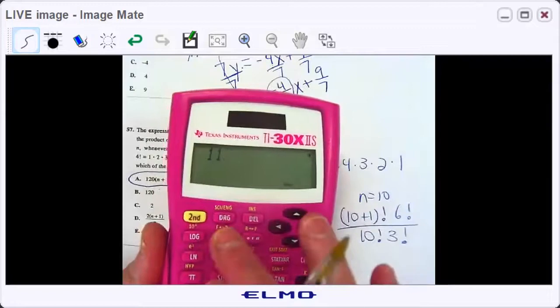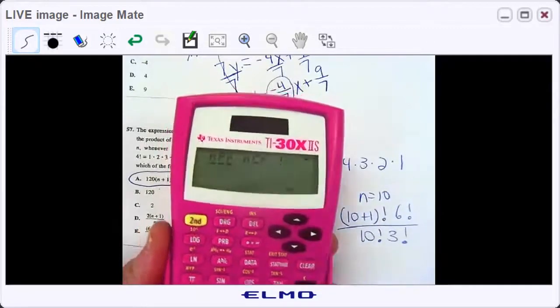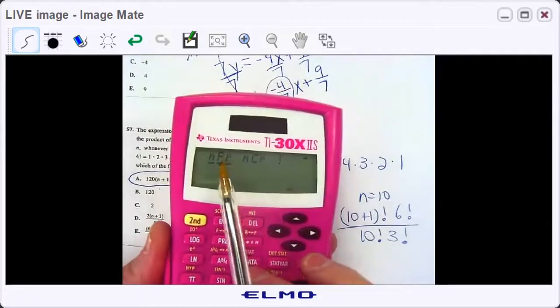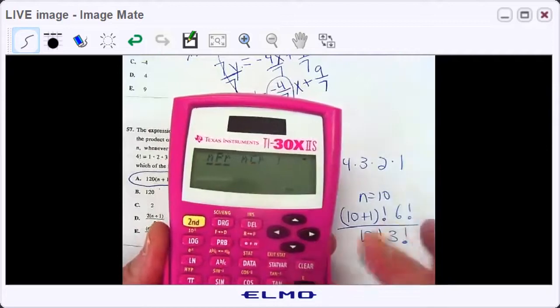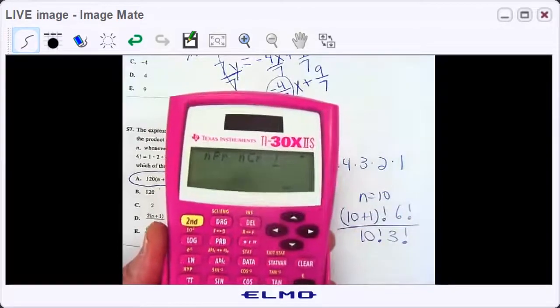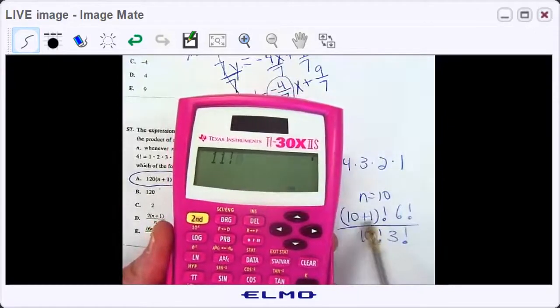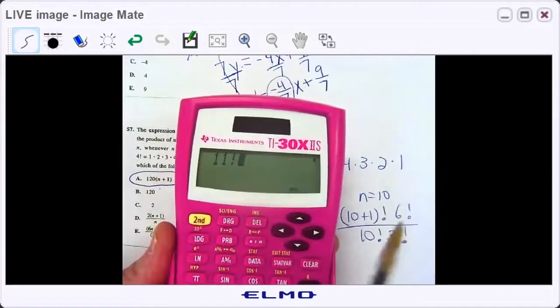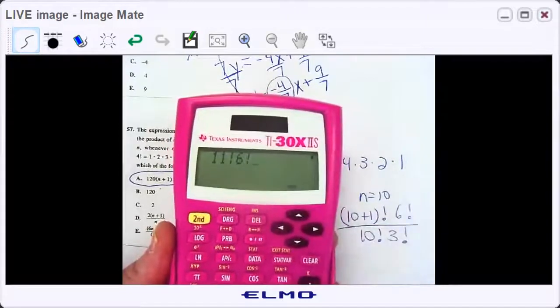So you go to the PRB button, which is the second button on the second column. And you see how it's got the stuff that we've talked about before, some of you guys, permutations, combinations, but if you scroll over to the last item, that's your exclamation, and see how it puts in exactly what I have on my paper, 11 factorial. Then you can put in 6 factorial, much the same way, and then hit the divide key.